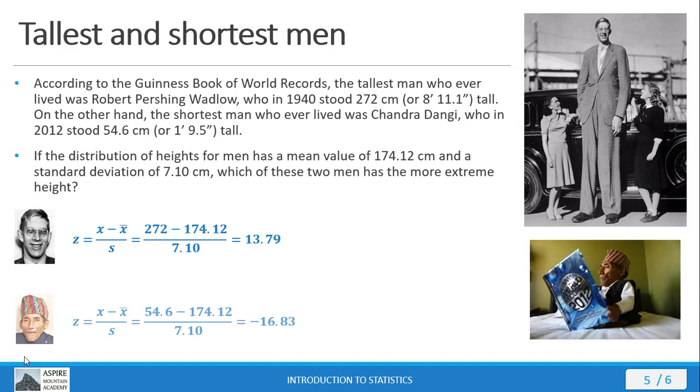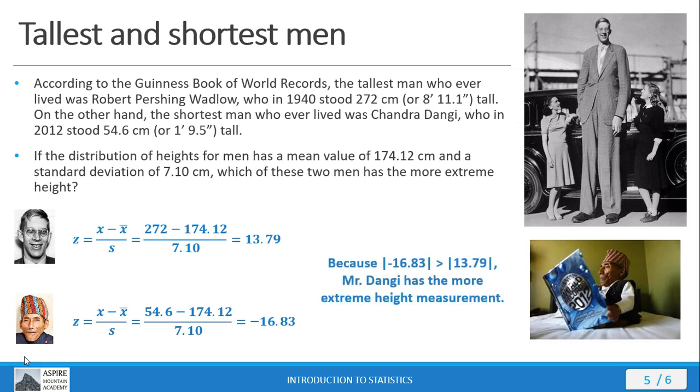When we do the same for Mr. Dangi's height, we find a Z-score of -16.83. So it looks like Mr. Dangi has the more extreme height value. Remember, to gauge how extreme is extreme, you're looking for the value with the greatest distance from the mean, and that value will have the Z-score with the greater absolute value. That's clearly Mr. Dangi, and so he has the more extreme height measurement.